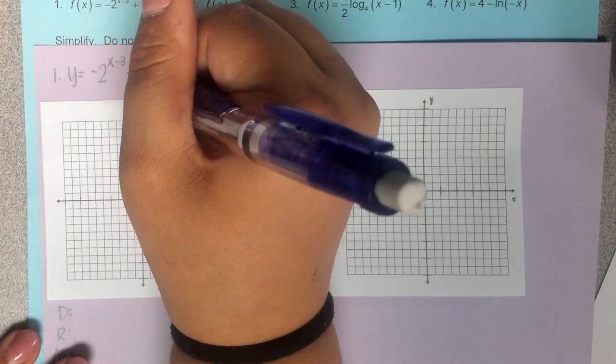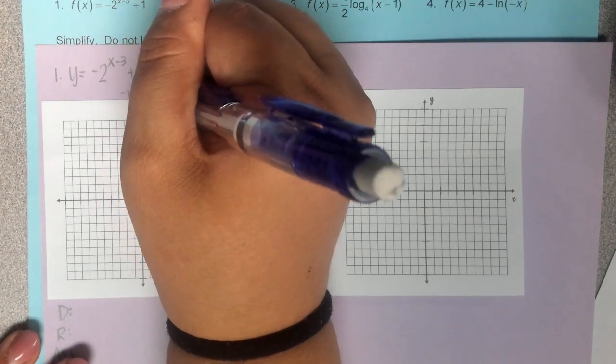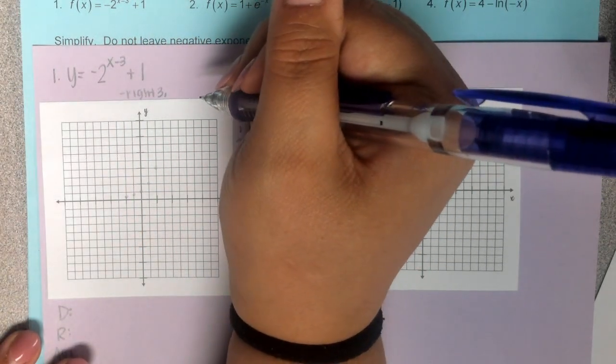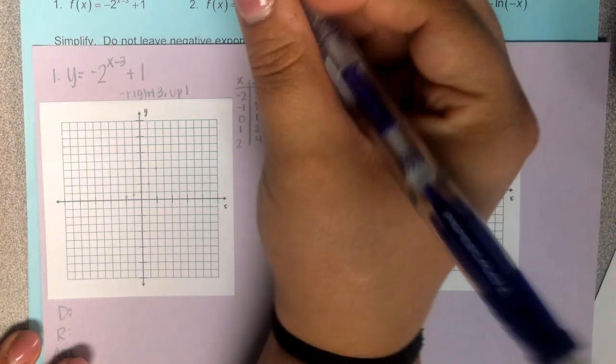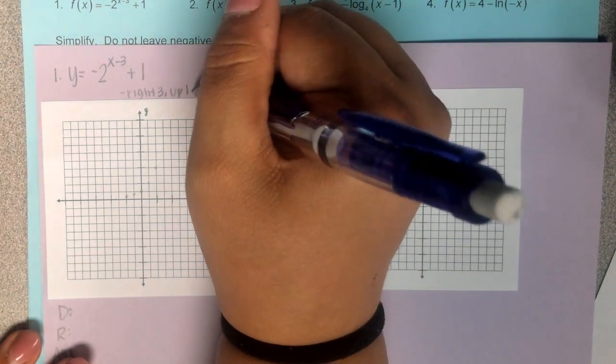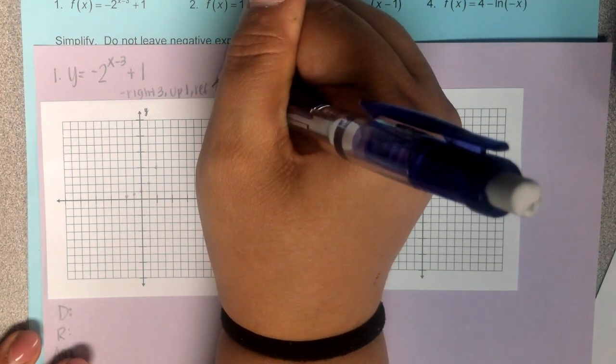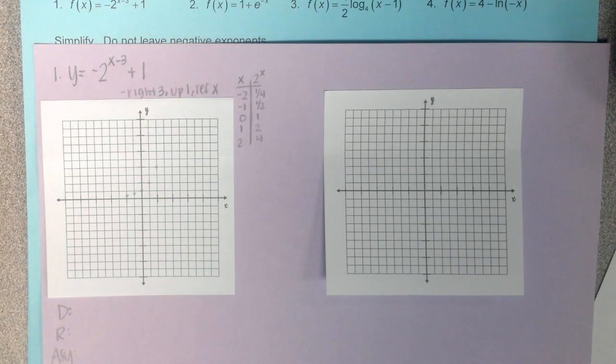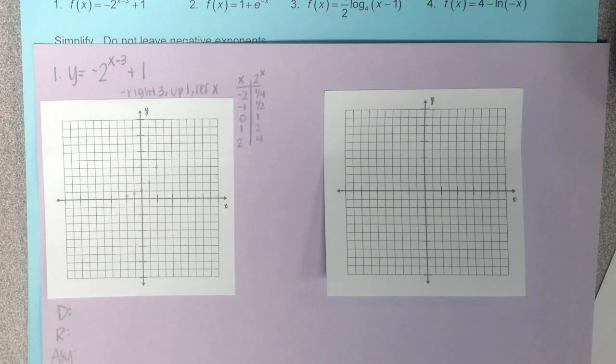I'm going to go right 3, up 1, and I'm going to reflect over the x-axis. So, does it matter which one I do first? Honestly, it shouldn't.